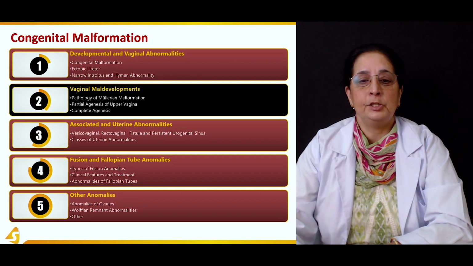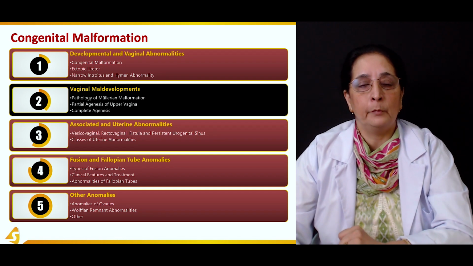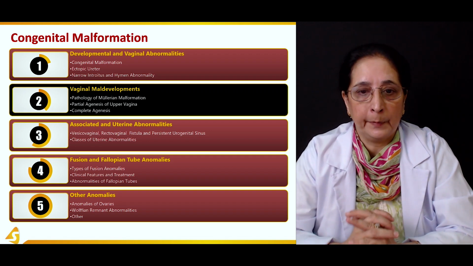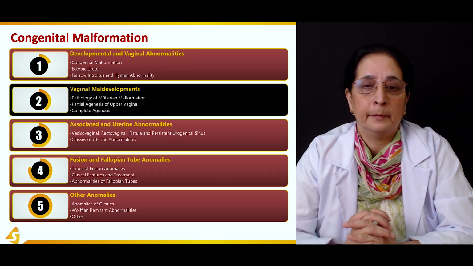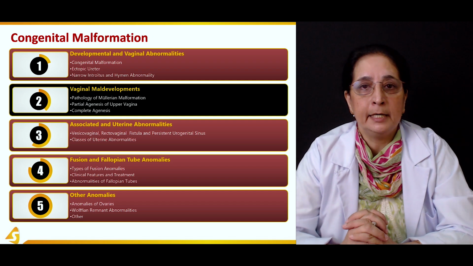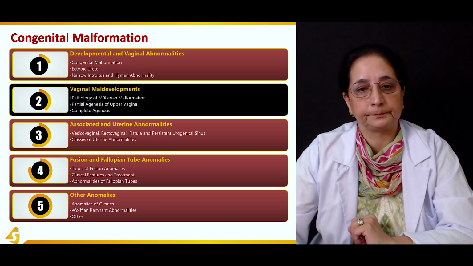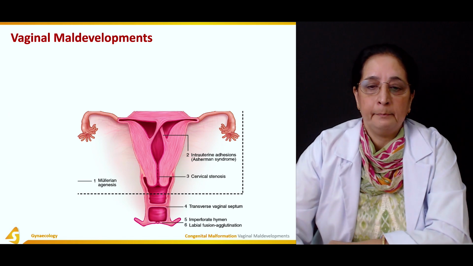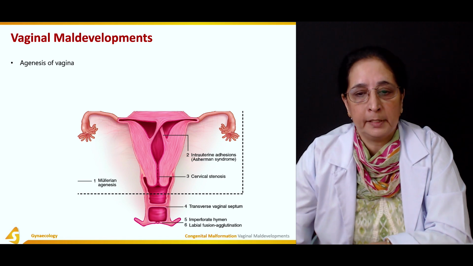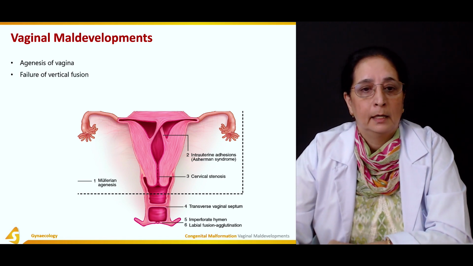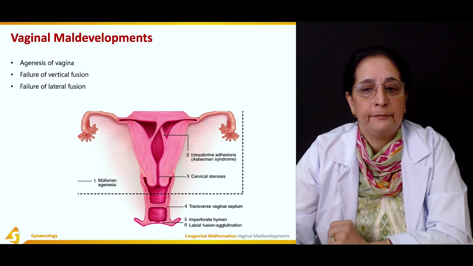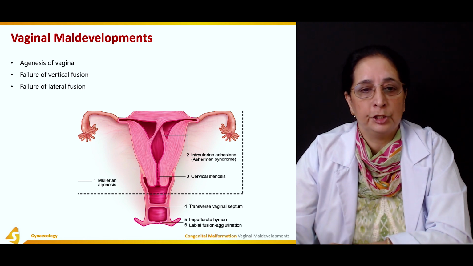In this section, we will talk about pathology of Mullerian malformation, partial agenesis of upper vagina, and besides the partial agenesis, we will also talk about the complete agenesis of the vagina.